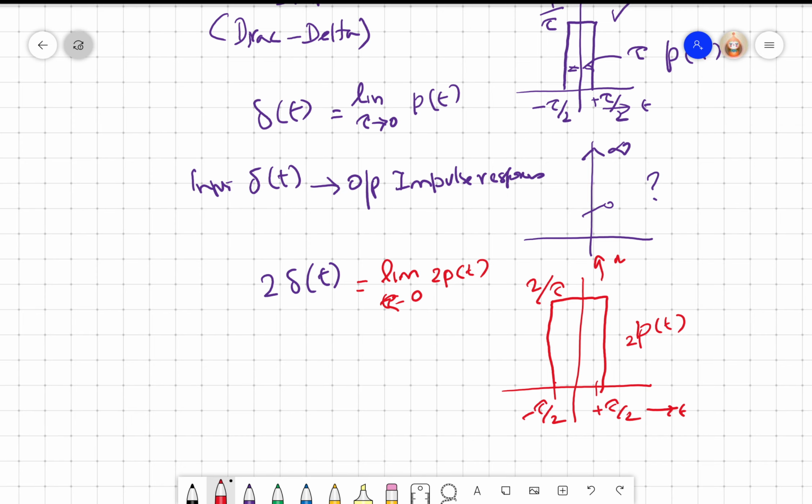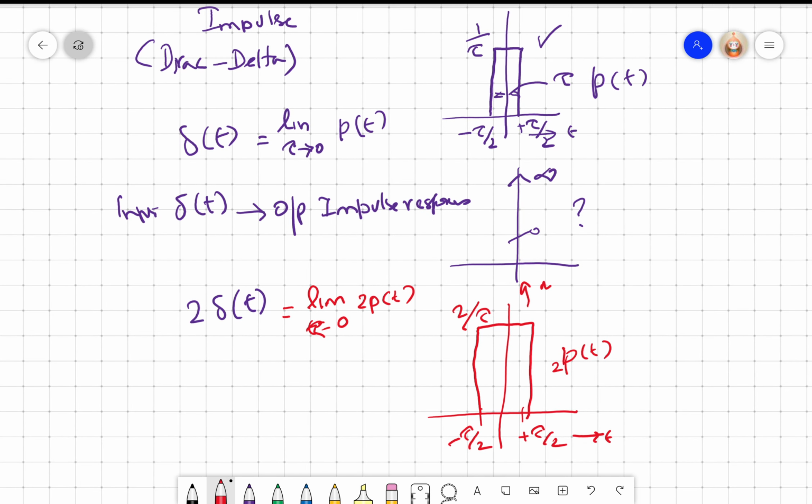If I look at the difference between these, the energy in the pulse here is 1 by tau, the width is tau, so it is 1. If I look at the same here, the magnitude is 2 by tau, the width is tau, so it is 2.